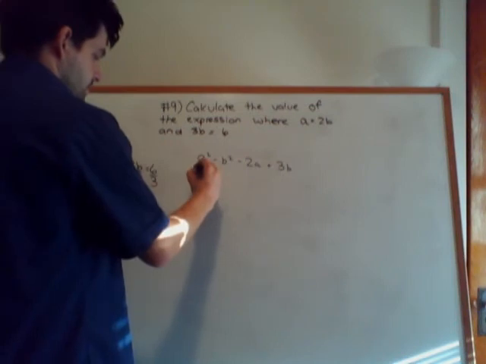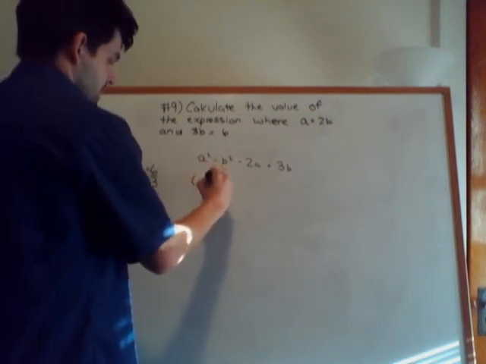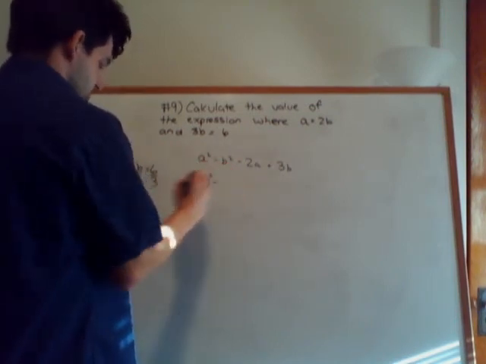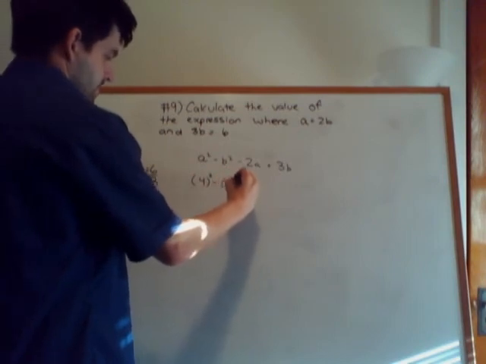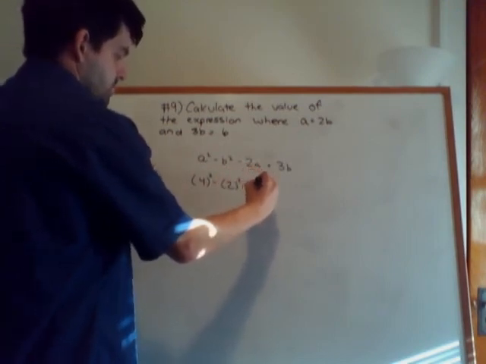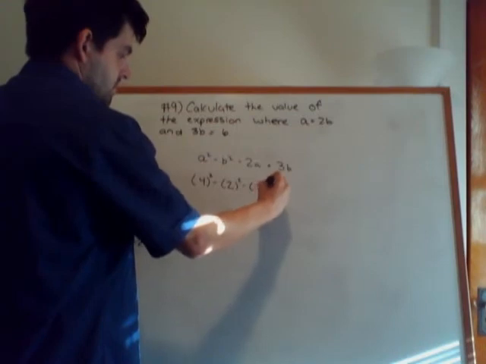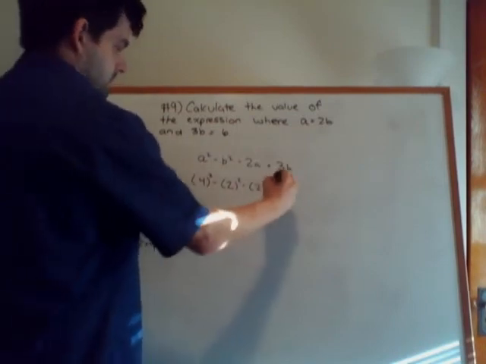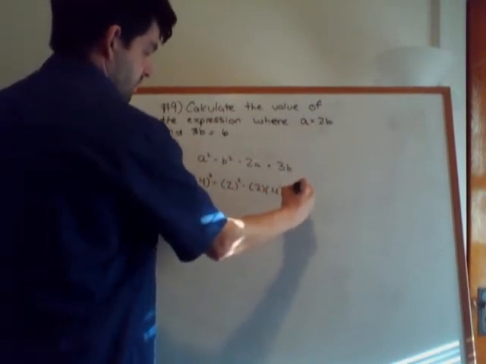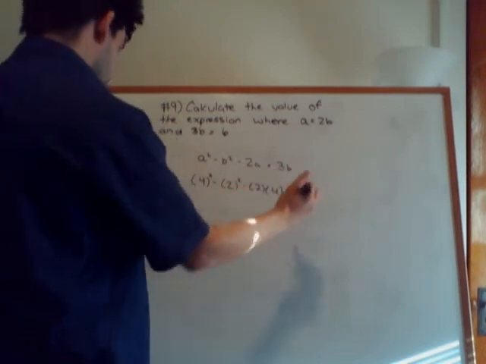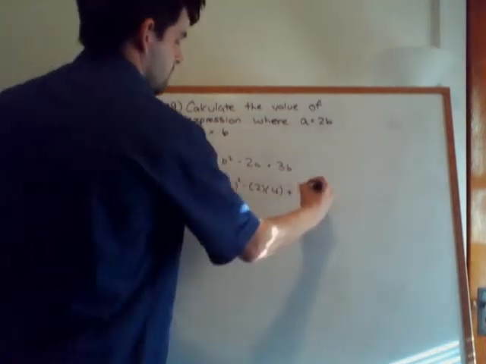So a is 4, so we have 4 squared minus 2 squared minus 2 times 4 plus 3 times 2.